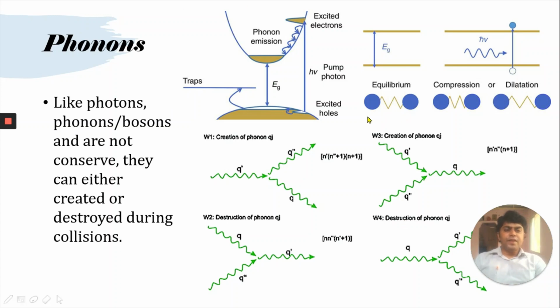So in case of equilibrium, compression and dilation of two atoms, how can these be understood based on the band theory of solids? Here is a small glimpse you can see in the top right corner. The energy gap will be the same for equilibrium, whereas for compression and dilation, you can see the creation of a hole as well as the electron jumping to the conduction level.